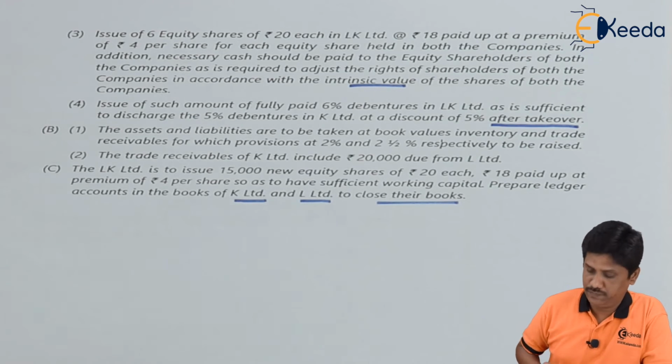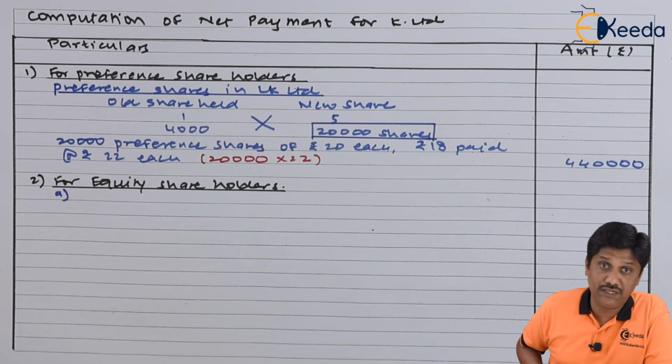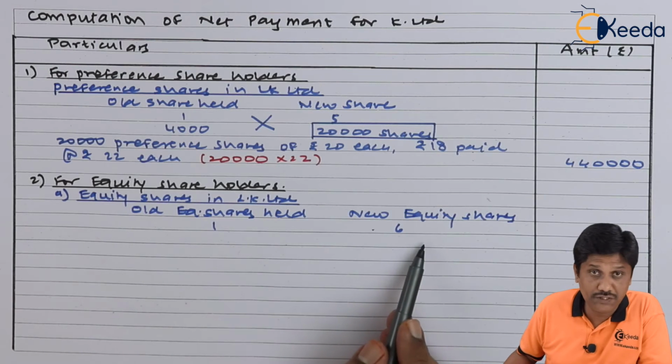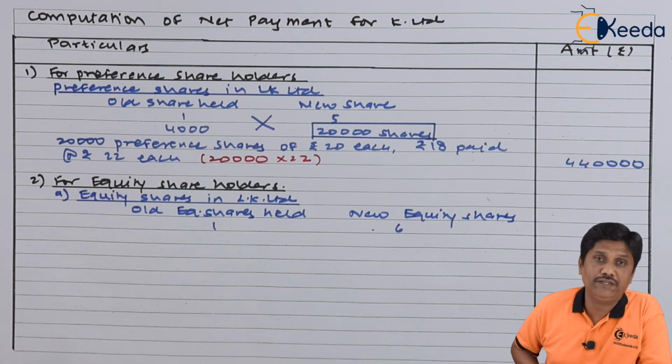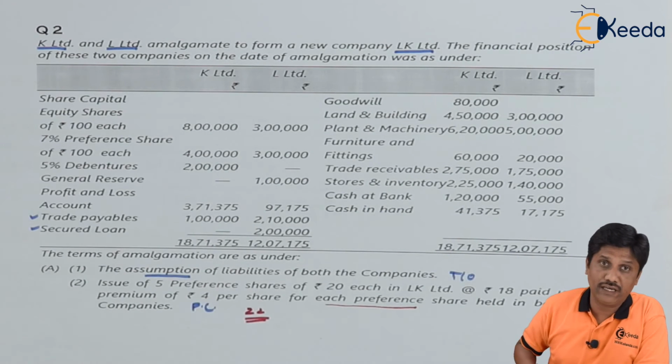So let us note down your mode of payment for equity shares. First mode of payment is equity shares in LK Limited. Friends, our ratio is if you hold 1 share you will get 6 new shares. Let us see how many equity shares are in the balance sheet of K Limited. You can notice, student, there are 8,000 shares. Based on that, we will calculate.